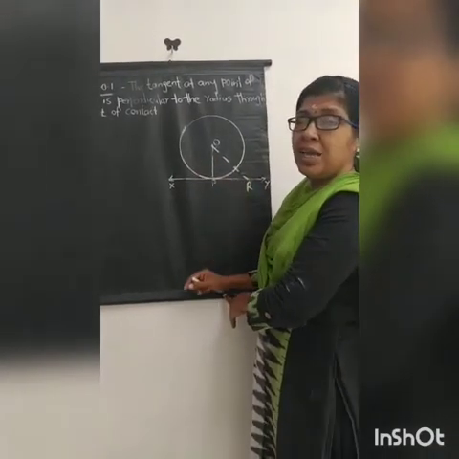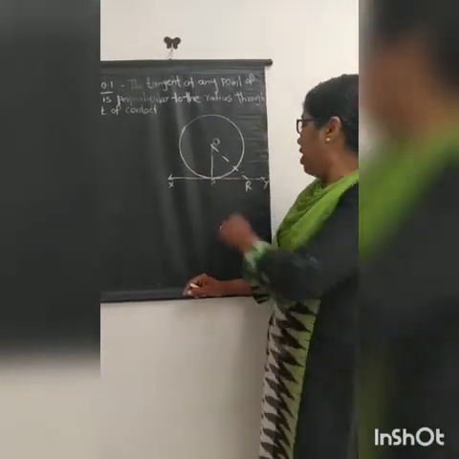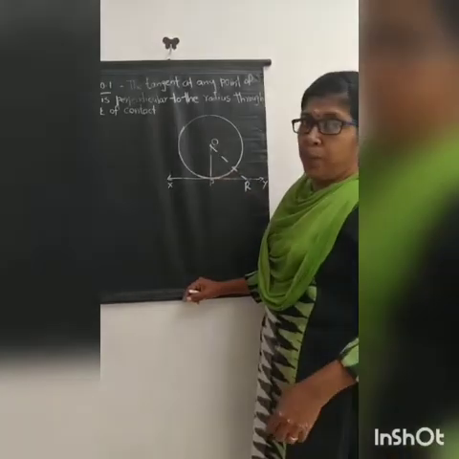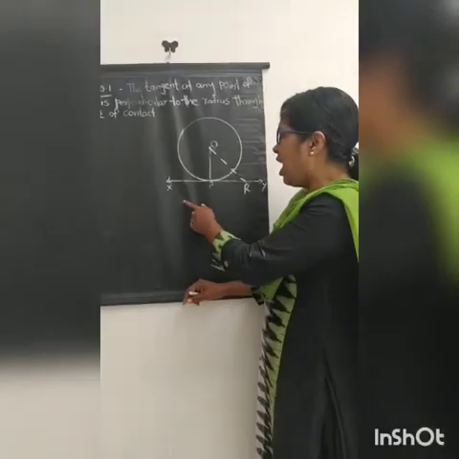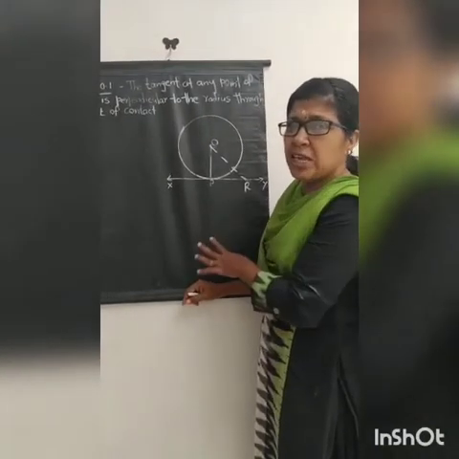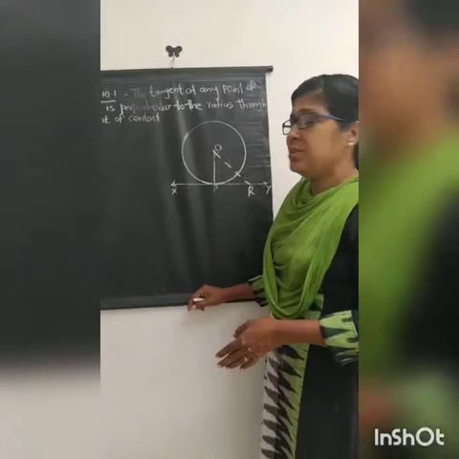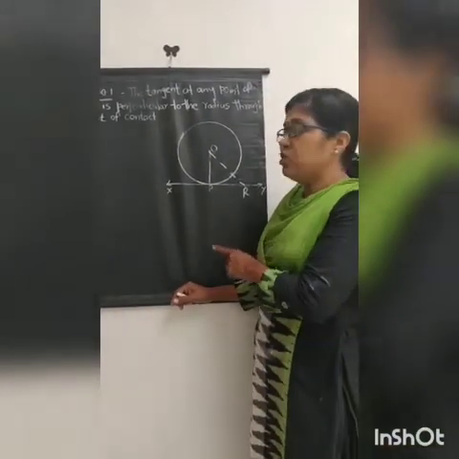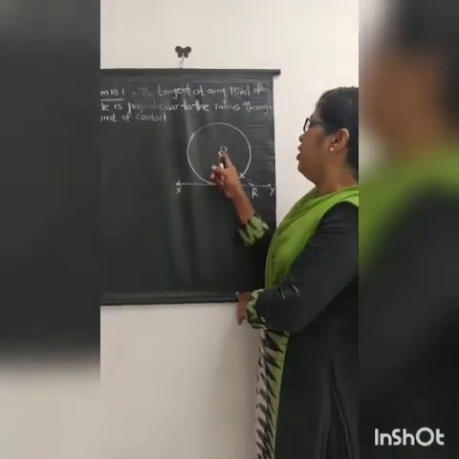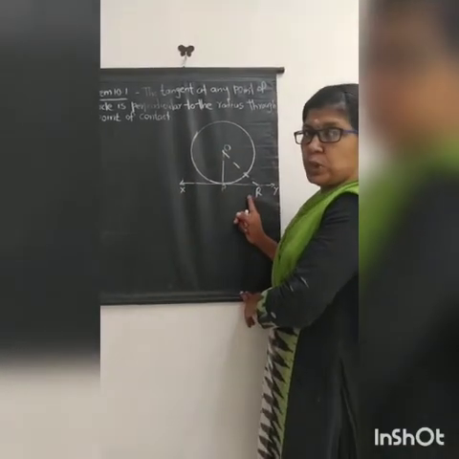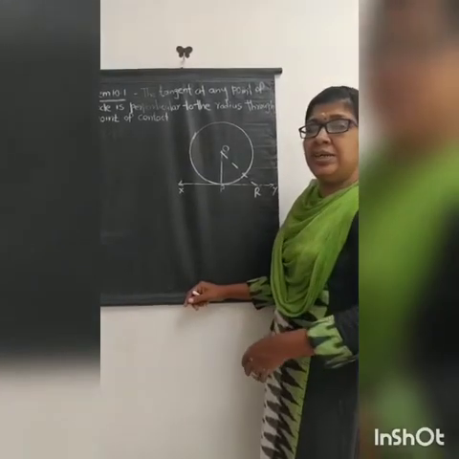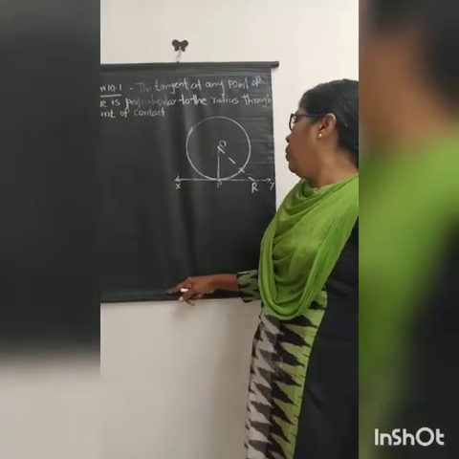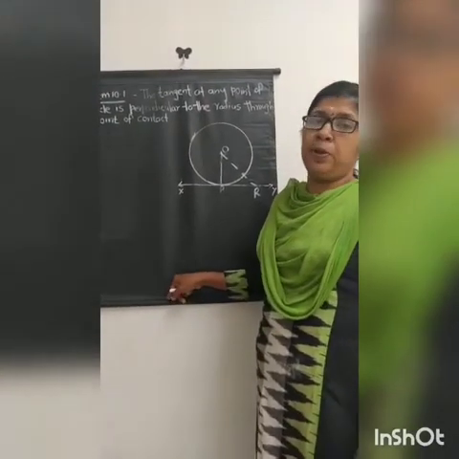Definitely OR is greater than OP because R is lying outside the circle. If you take any other point on XY except P, all the distances are greater than OP. That means OP is the shortest distance from the center O to the tangent XY. We learned in 9th standard that the shortest distance is the perpendicular. So we can say that OP is perpendicular to XY.